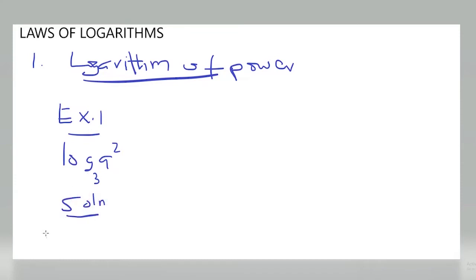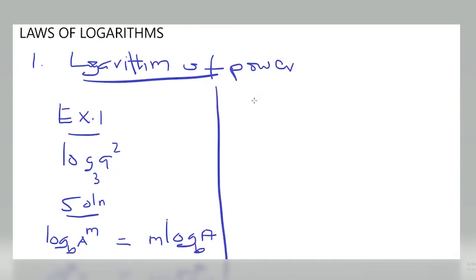We know the general formula says the logarithm of a number a power m to base b is equal to m times the logarithm of a to base b.